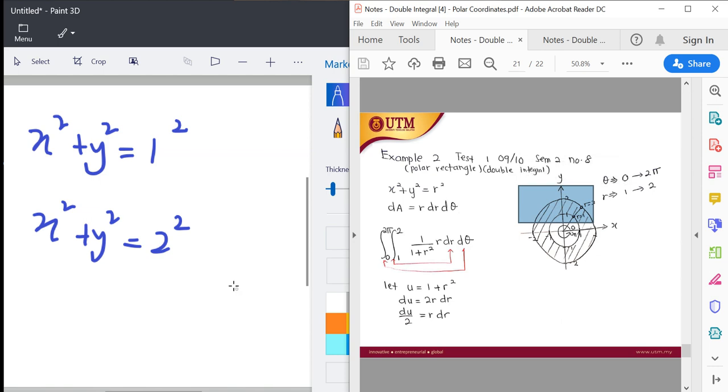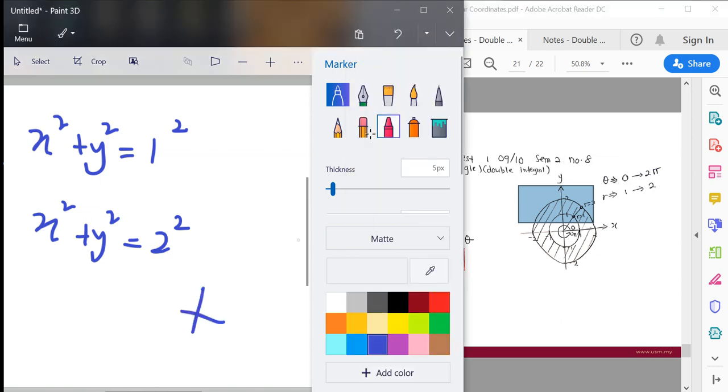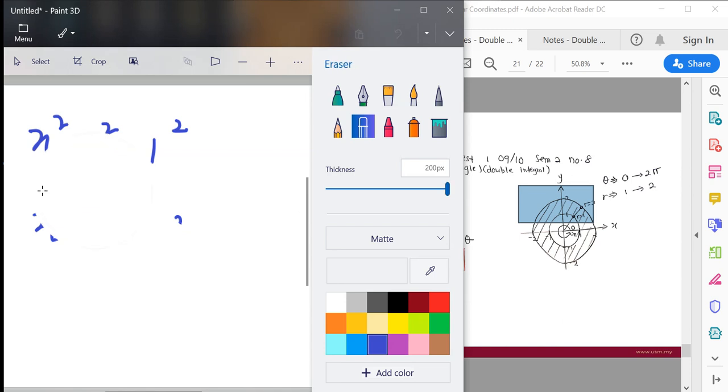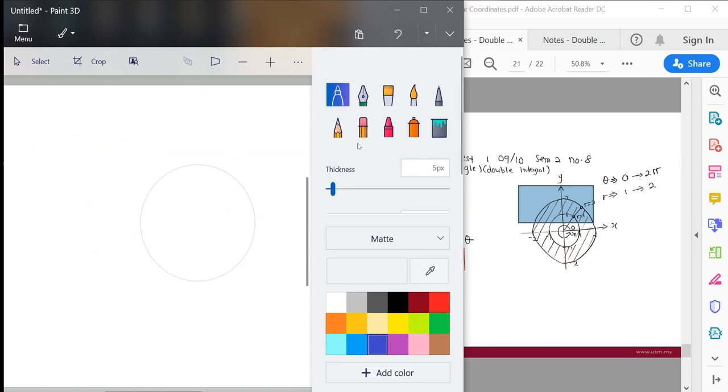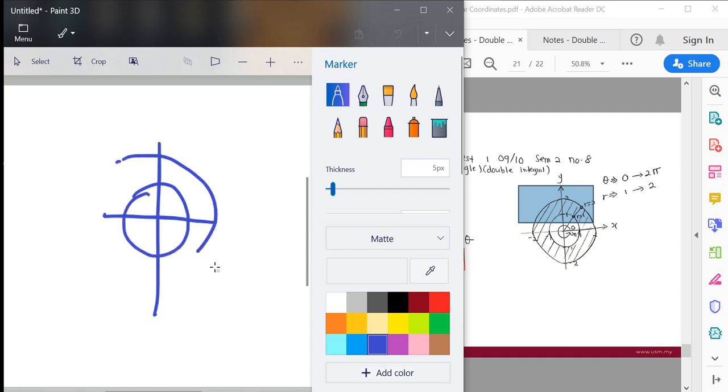So let's say we have a circle here, and we have two circles, with x and y here.